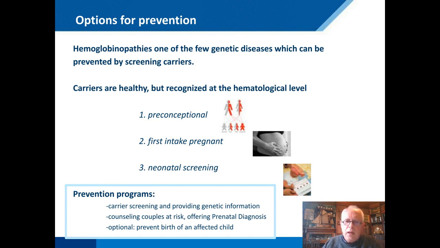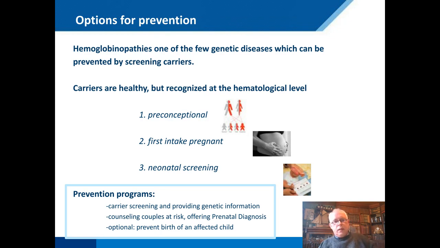So carriers are easy to recognize at the hematological level, and that is mainly carriers of thalassemia. Carriers of sickle cell disease and hemoglobin C and D, etc., they are recognized at the level of hemoglobin typing, so HPLC or capillary electrophoresis.